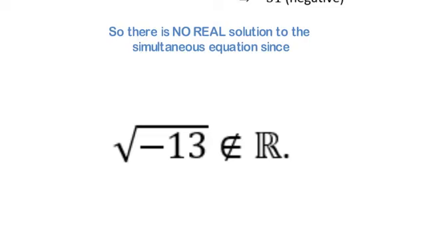This is clearly seen when it's plotted on a graph. You see that the straight line in equation 1 does not cut the quadratic curve in equation 2. So such a system is said to have no solution.